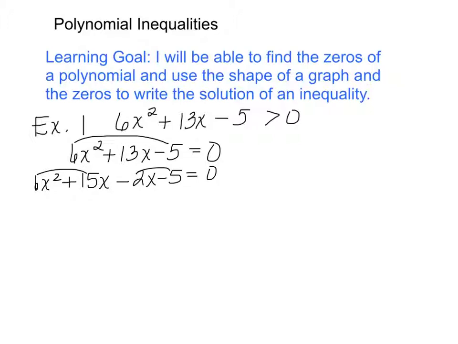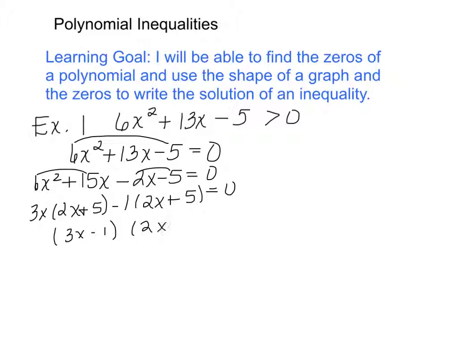Then I'm going to do grouping. So I'm going to take out a negative 1. And I'm going to set each one equal to 0.